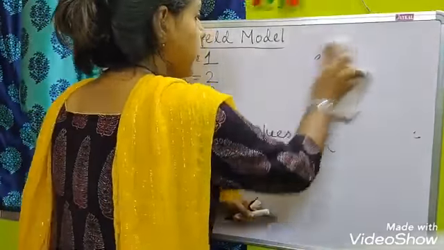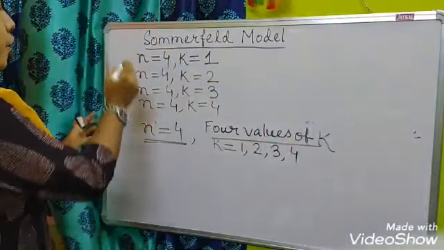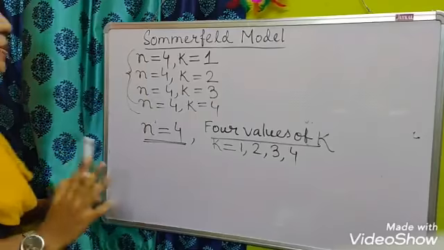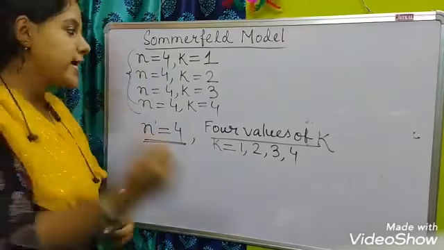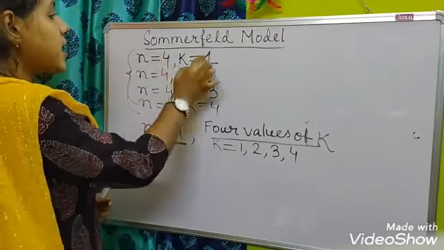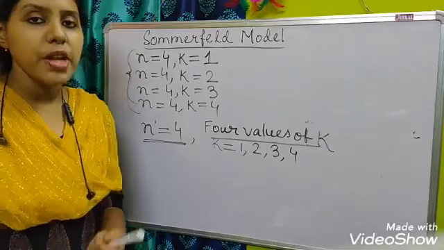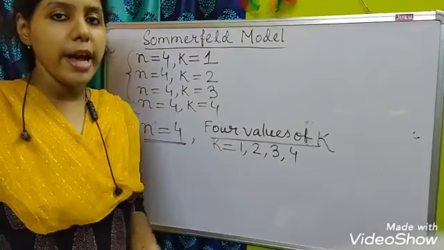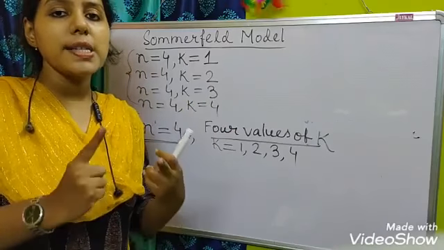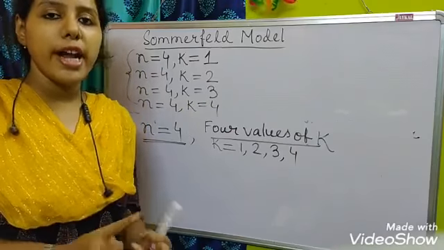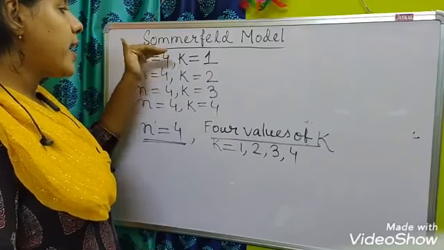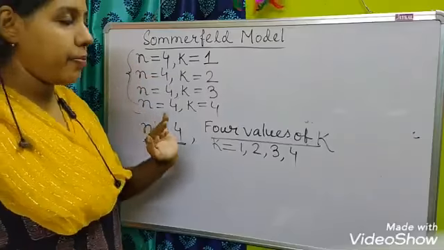So that means here we are getting 4 subshells, and each subshell has a unique value of n and k. For the 4 subshells we are getting different values of k.